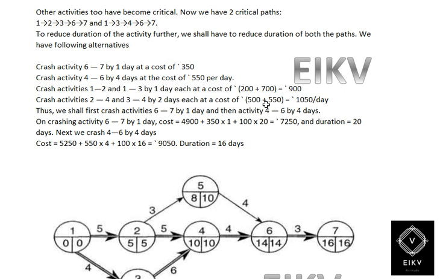Each of the cost will be 500 plus 550, a total of 1050 per day.